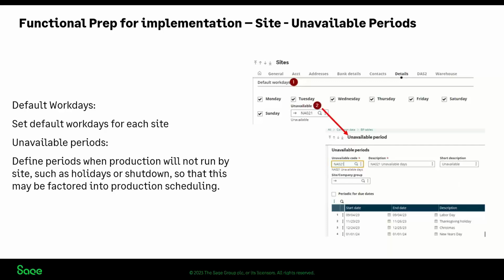Well, for the purposes of web scheduling, this is how web scheduling will know that the facility's closed for things like Labor Day, Thanksgiving, etc. So it becomes that much more important that we include those values.